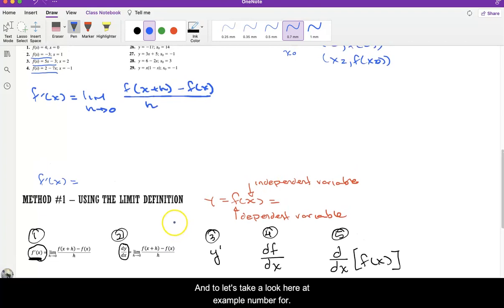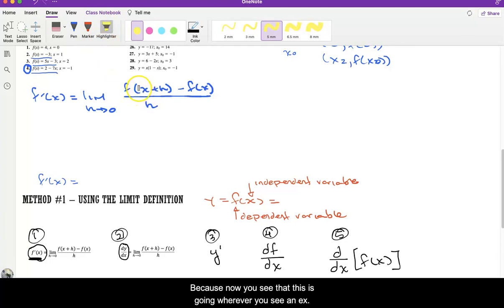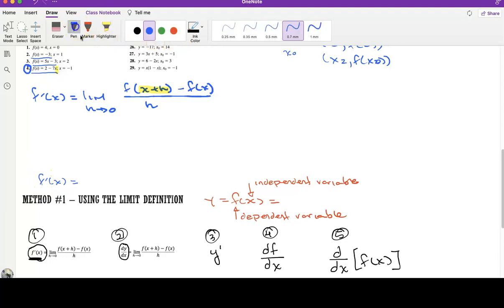And so let's take a look here at example number 4. So this is where the heavy lifting is, because now you see that wherever you see an x, you're going to have to replace it with x plus h. So this is going to require us to write down the limit notation as h approaches 0.